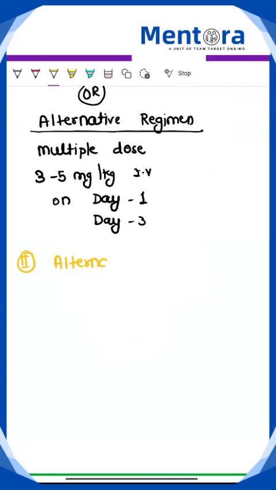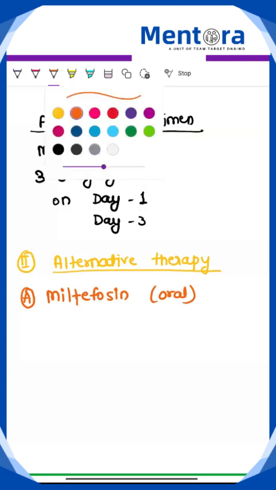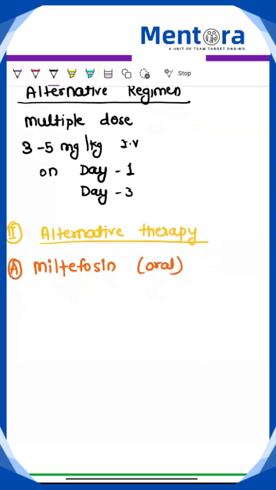Then alternative therapy. The drug is miltefosine, and this is the oral drug. The first oral agent for Kala Azar is miltefosine.